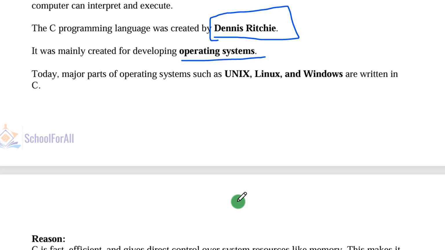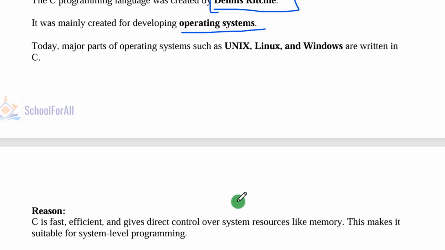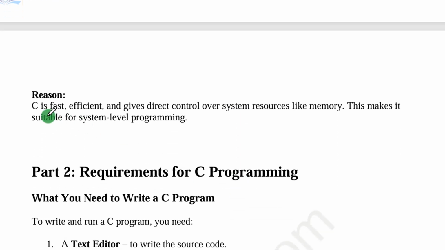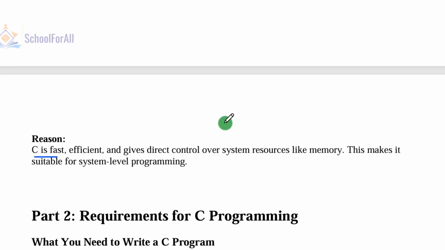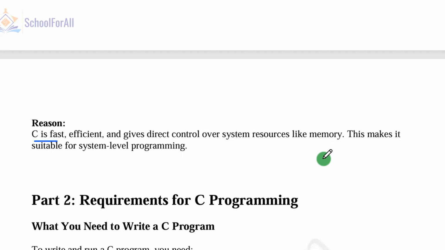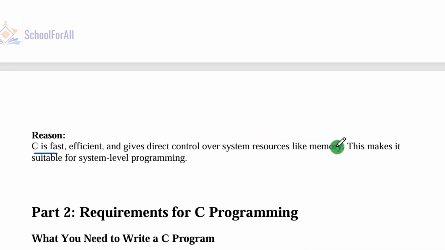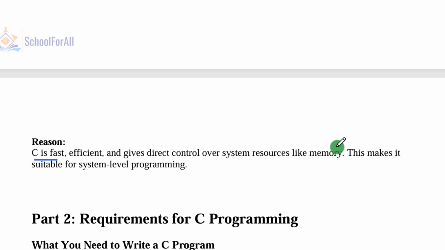Just that later on, C programming language was adopted as a language used for different tasks, and the reason is very clear. It's because C is very fast, efficient, and gives direct control over system resources like memory. When I say direct control, it simply means that when you're writing your program in C, there are not so many translations before the CPU can execute it. There is another advantage in that it is close to the hardware of the computer.